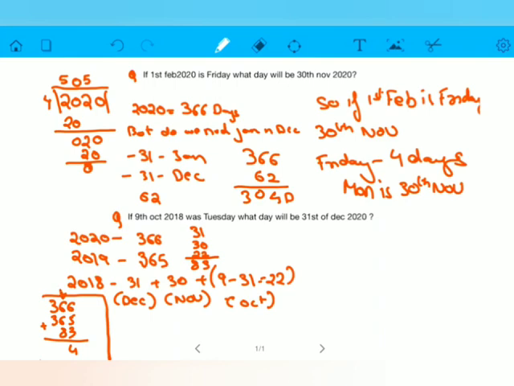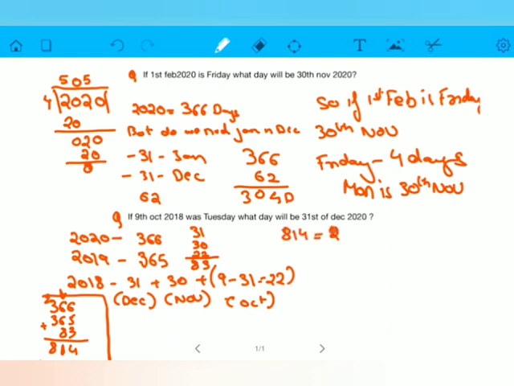Now we have to carry over 1. Then 6 plus 6 plus 8 will make 21. Then 3 plus 3 plus 2 makes 8. So then we have 814 days between.